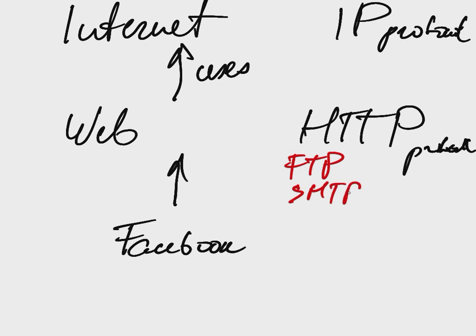SMTP, the mail protocol, not widely used directly anymore because everybody uses mail through the web, like Gmail or whatever. What else is there? POP, Post Office Protocol, I don't remember exactly, and some other protocols as well. But because the web is such an important part, you don't see them.